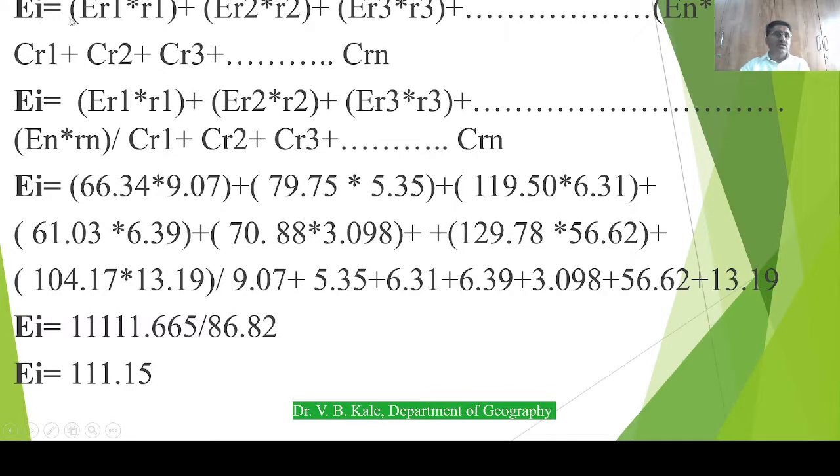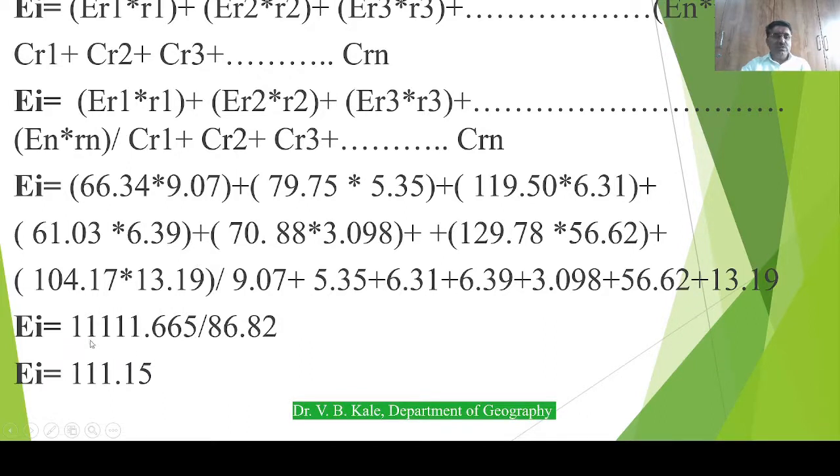So EI, the agricultural efficiency index, is equal to ER1 into R1 plus ER2 into R2 plus ER3 into R3 plus ERn into Rn, divided by CR1 plus CR2 plus CR3 plus CRn. We just put all these values in this formula: 66.34 into 9.07, and in the same way all the other values. We just do the summation.